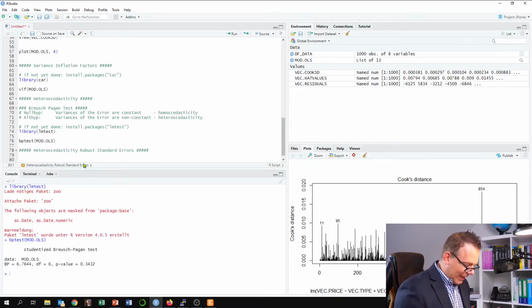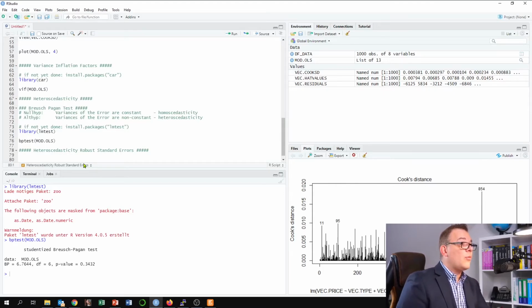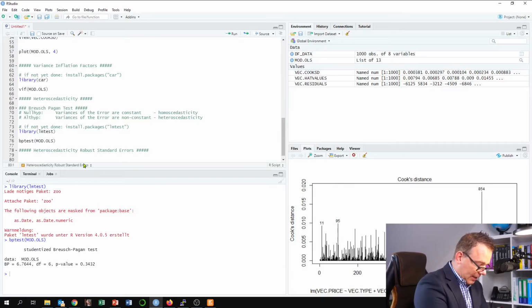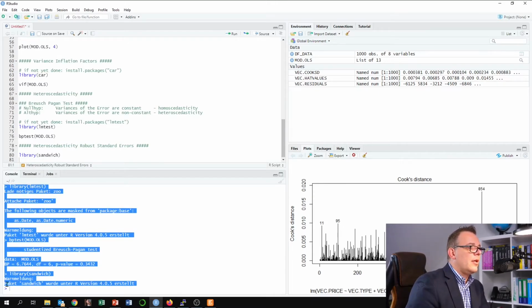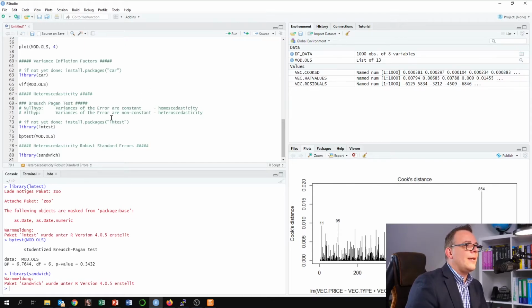Long word. Alright, so what do we need? We need another package. We need the package sandwich. And I just run this, and it was loaded. Again, we need the same as here.